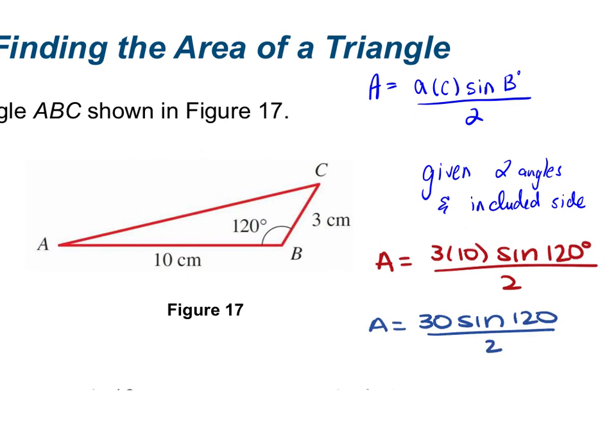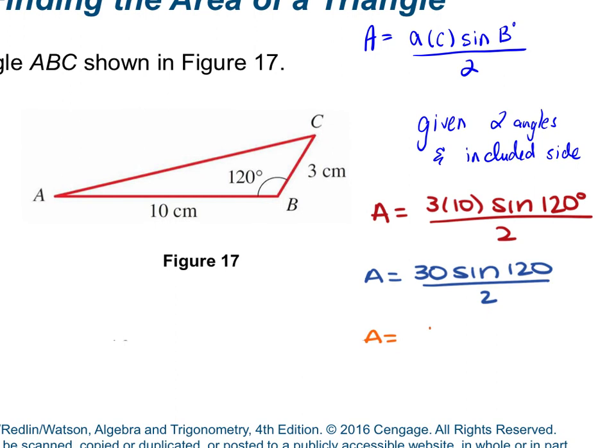Use your calculator. 30 times the sine of 120 divided by 2 gives us 15 square root 3 over 2, which is 12.99 centimeters squared.